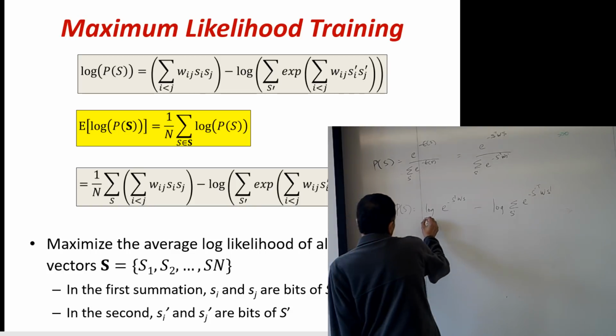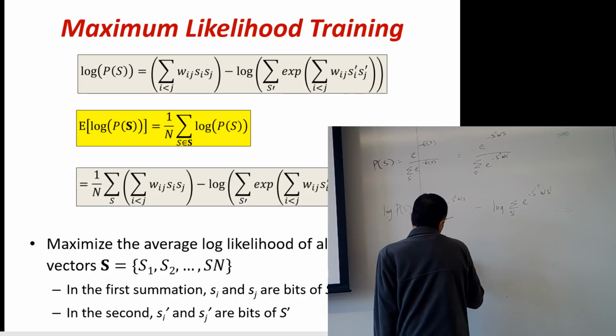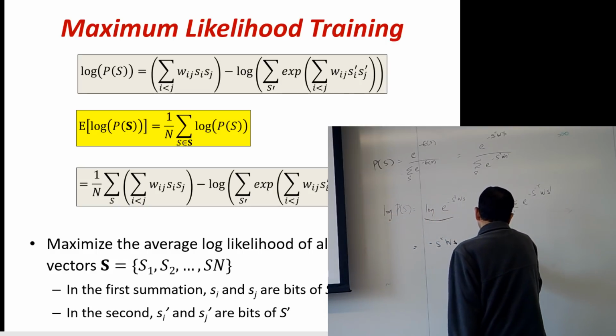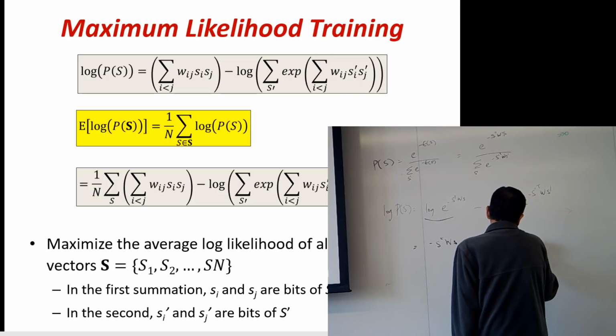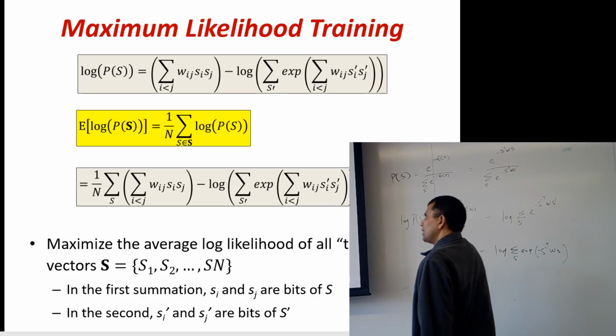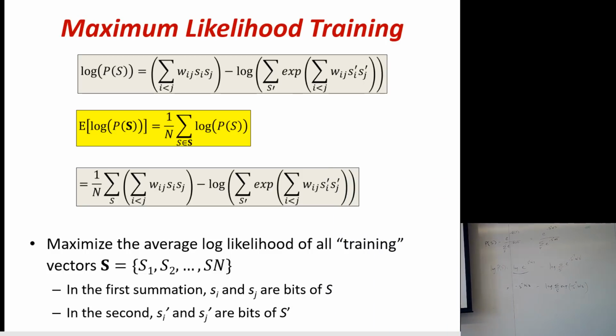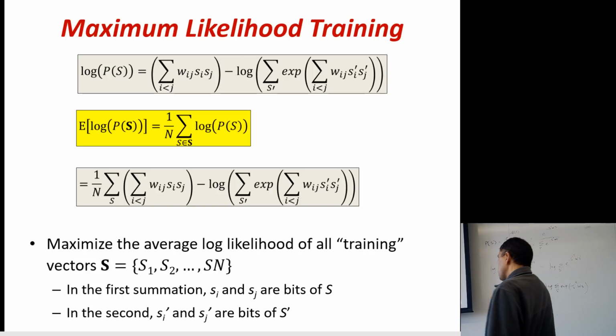This is simply going to be minus S transpose WS minus log of summation over S prime exponent of minus S prime transpose WS prime, except that now I have explicitly written it out. I've expanded the matrix operation out on the slides.